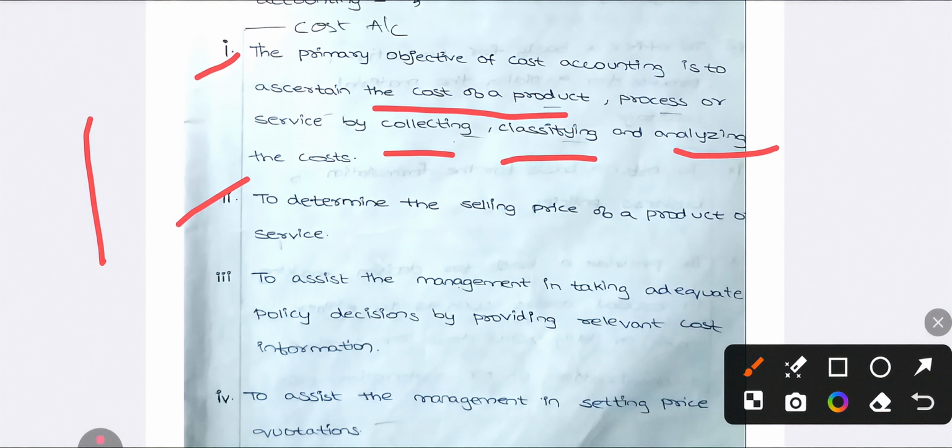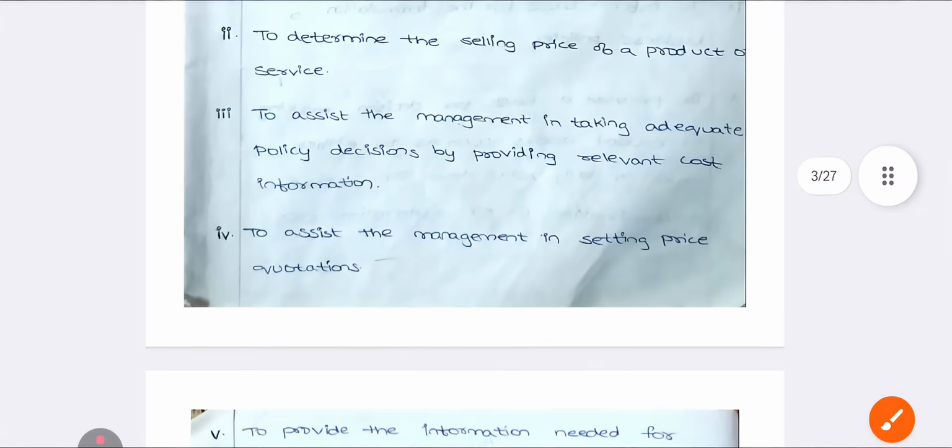And the second one, to determine the selling price. When you are able to know your expenses, then you will fix the selling price. For example, to make this PDF, I have got 100 rupees of expenses. So how much will I sell it for? More than 100, like 150, 120, like that. So to know your selling price, cost is important, cost accounting is important.